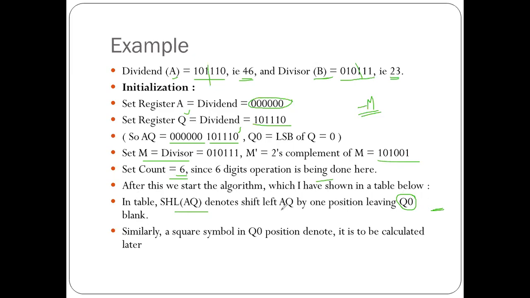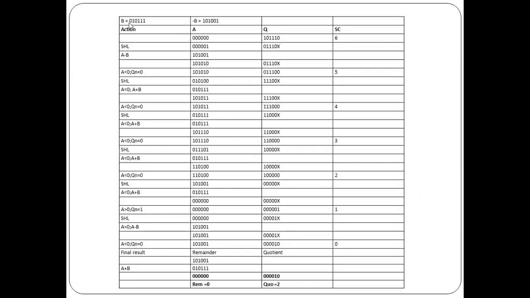Based on this result, in the next loop, we have to decide whether to add B or subtract B. See, this is your B and this is minus B. A, Q forms your dividend. See, my dividend is loaded here, A, Q, and the sequence counter is 6.